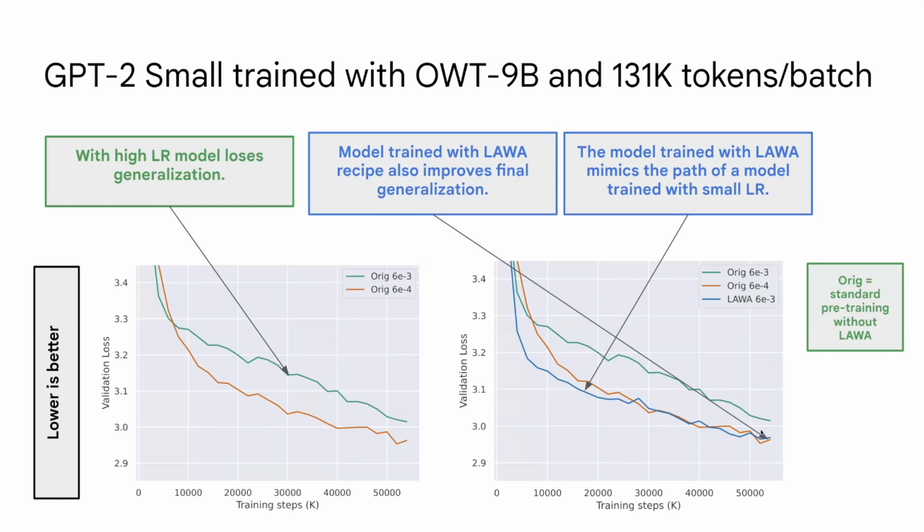So you don't lose generalization like you would have if you hadn't used any form of averaging. This is a key thing. If you're using a higher learning rate and you don't know, because grid searching in super large language models is not trivial and takes a lot of compute, and you don't want to lose generalization, then this averaging trick could be useful to you.